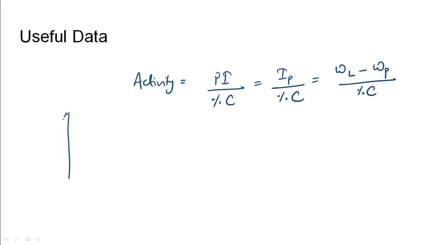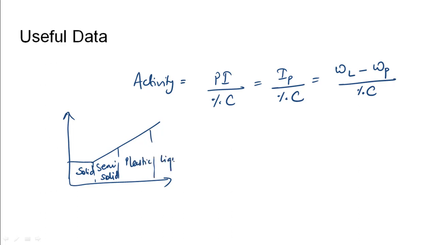So if we assume this to be the graph for consistency limits, the soil volume does not change and then it starts increasing. Firstly it will be in solid state, then it will be in semi-solid state, then the state would be plastic, and then it would turn out to be liquid state.